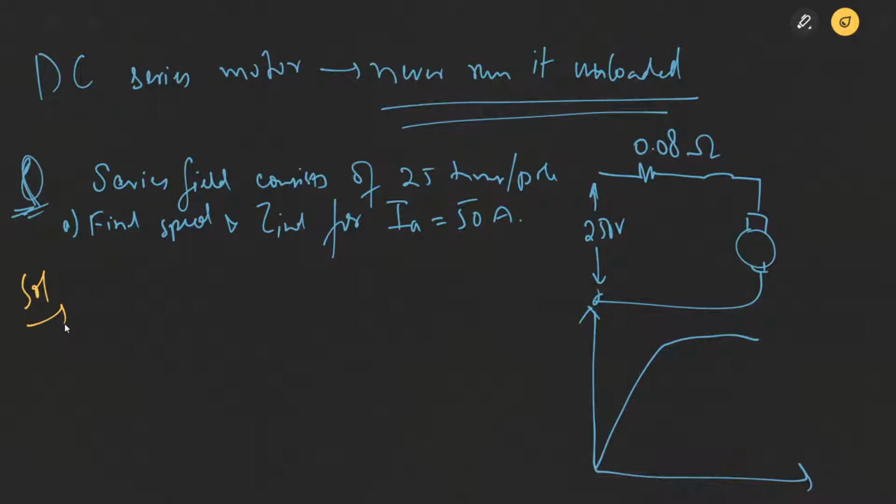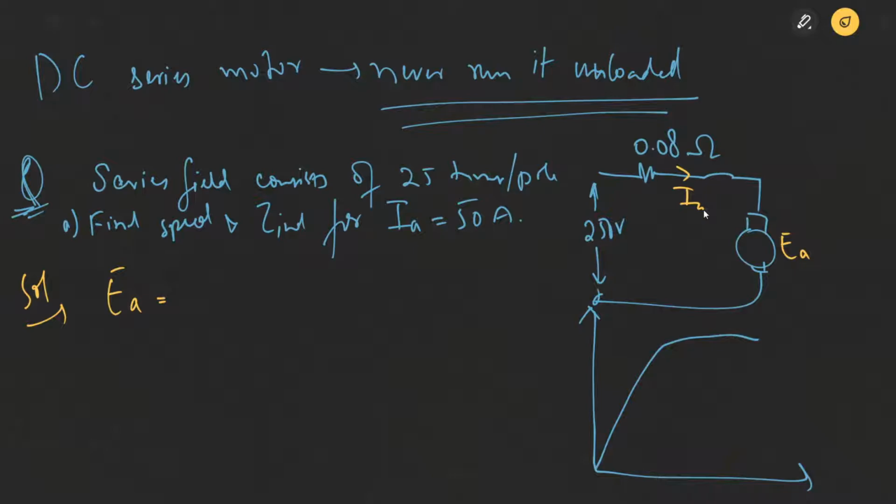So what do we have here? We know for a DC series motor, VT is equal to EA plus IA times (RA plus RS). Here we have been given a combined resistance of 0.08 ohms. So therefore EA is equal to VT minus IA times (RA plus RS).